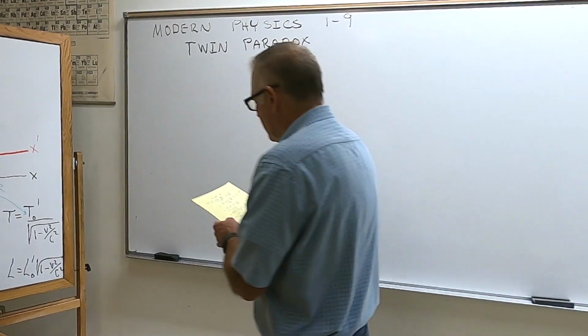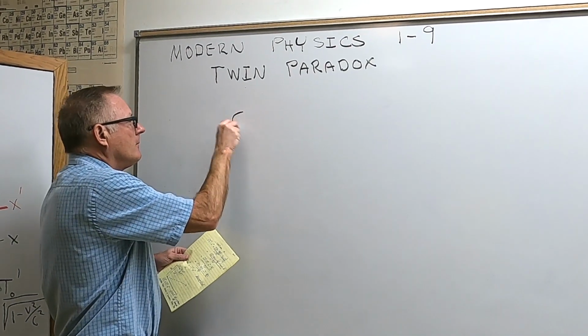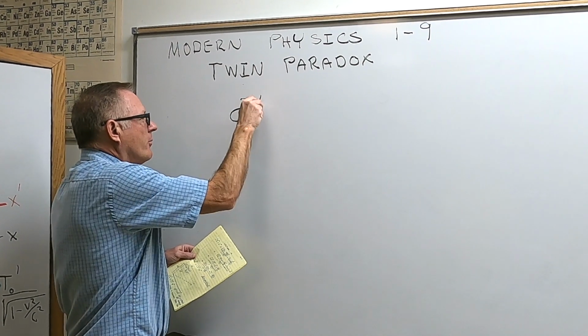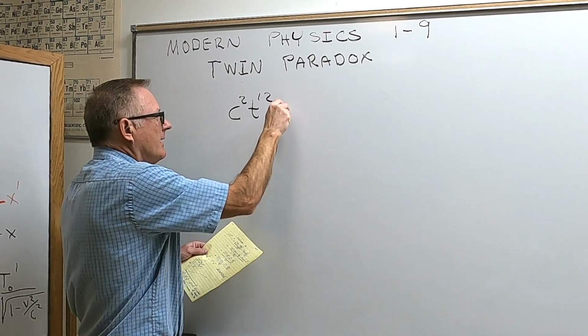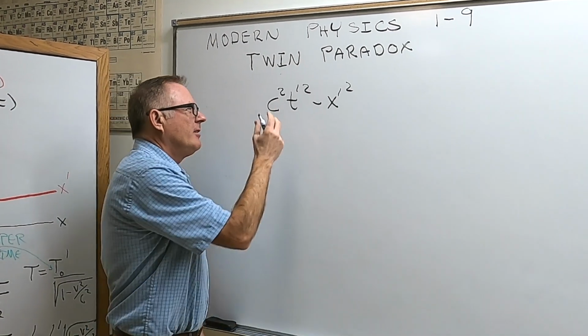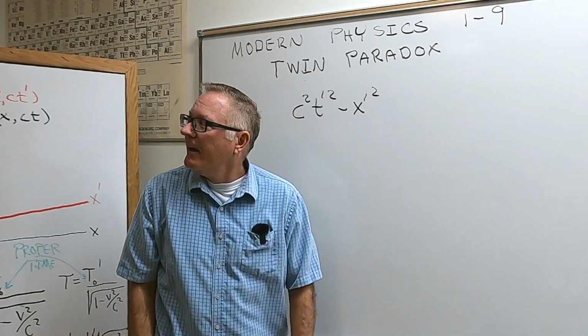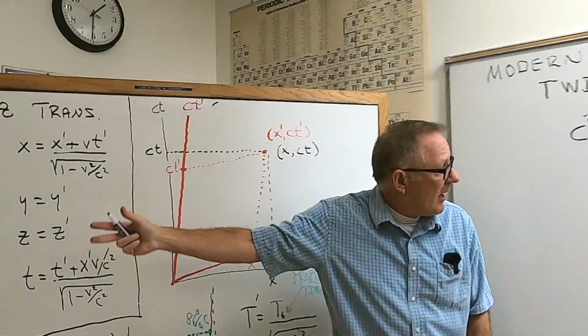So let me just write this: c squared t prime squared minus x prime squared. Let me look at that quantity and transport that into the unprimes right here.